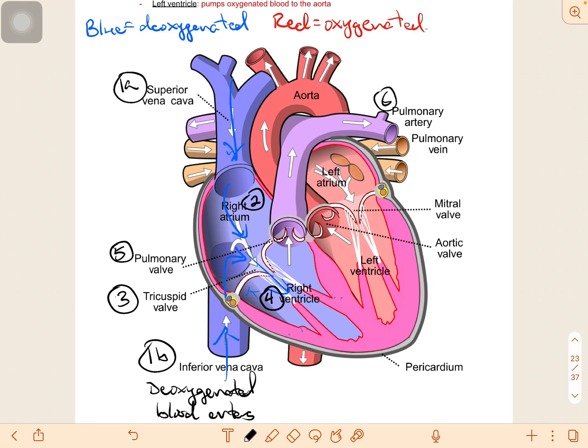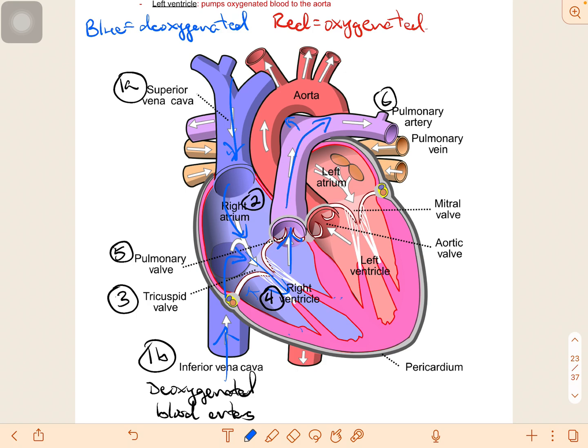All right. Now the tricuspid valve, again here, is shutting closed once the right ventricle pumps. Then it goes into, or through, the pulmonary valve and into the pulmonary artery.